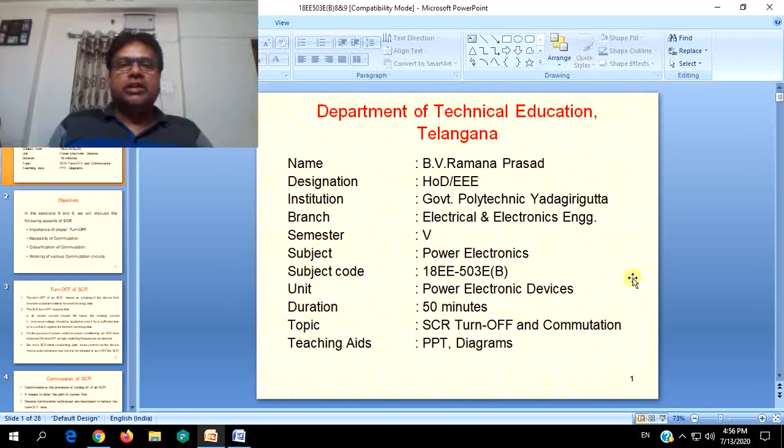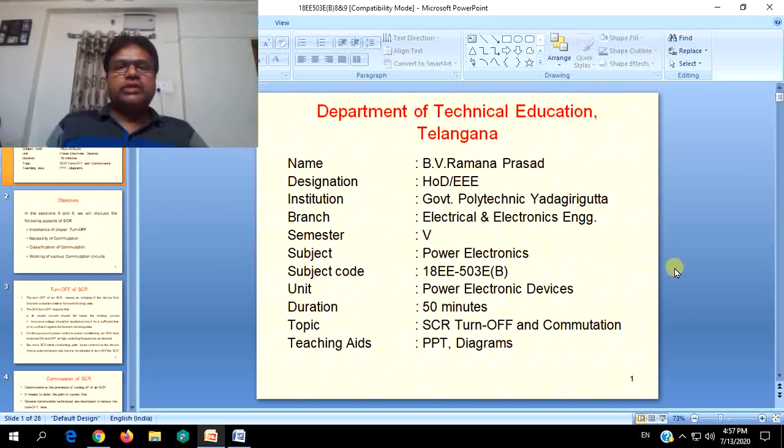In this session, we will be discussing the other commutation procedures, D and E, and also then we will have some discussion on these commutation techniques and compare them in terms of the circuitry, their procedures, their cost, their volume and their usage.